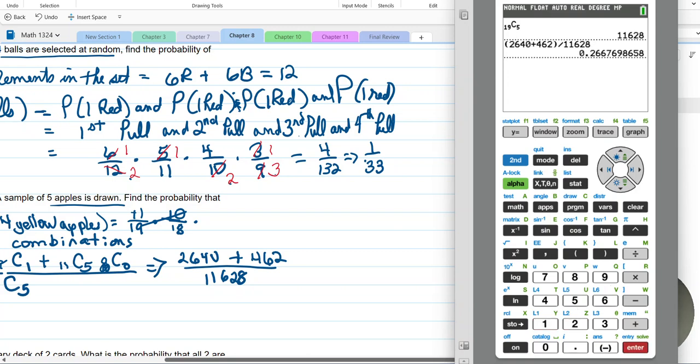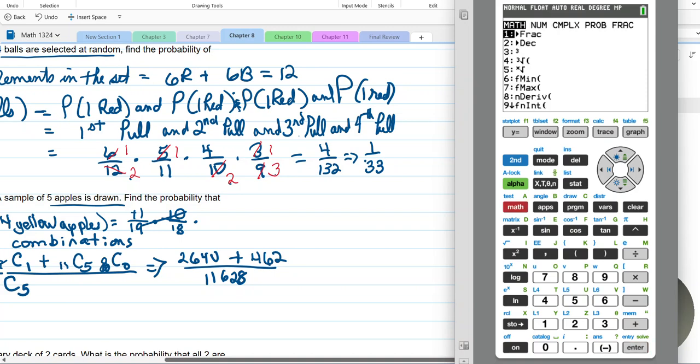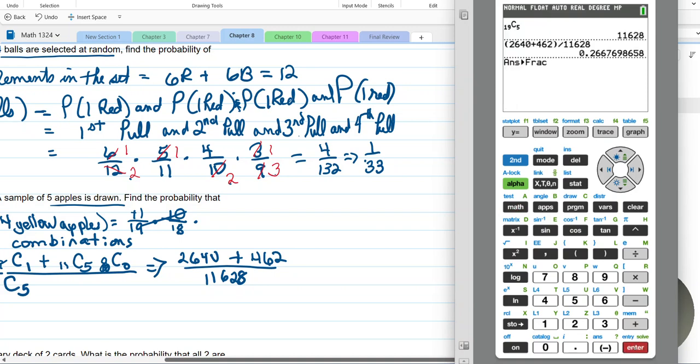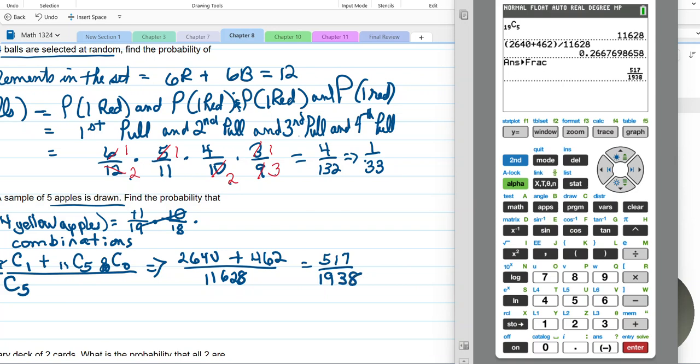I don't want a decimal, I want a fraction. So I do math, frac, enter. And then I get 517 over 1938. And that's the probability of getting what we were looking for.